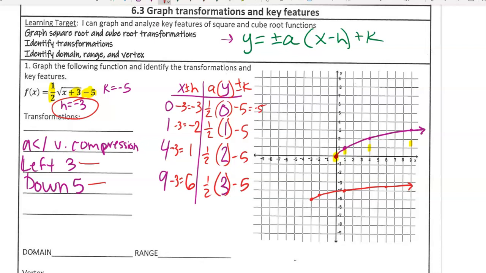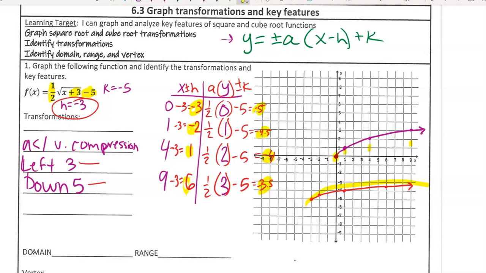Half of 1 is 1/2, -5 is -4.5. Half of 2 is 1, 1 minus 5 is -4. And then this last one will be -3.5. And look, there are our new points: -3, -5; -2, -4.5; 1, -4; 6, -3.5. So there are the new points of the new graph we just drew right here.